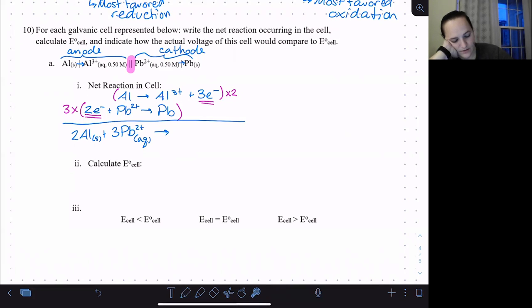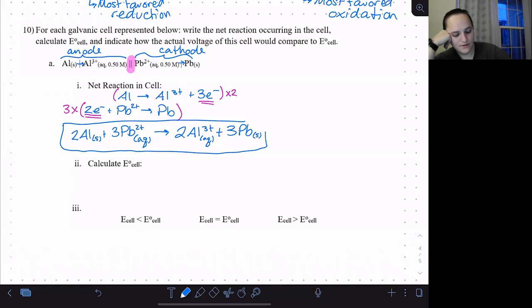And then on the right, we'll have 2 aluminum 3+ and 3 lead. And that is our balanced net reaction that is occurring in this cell.